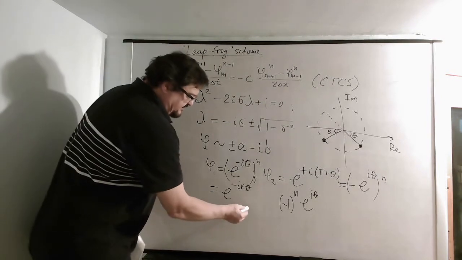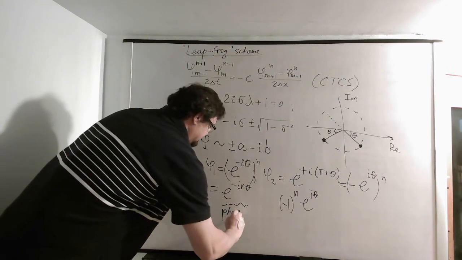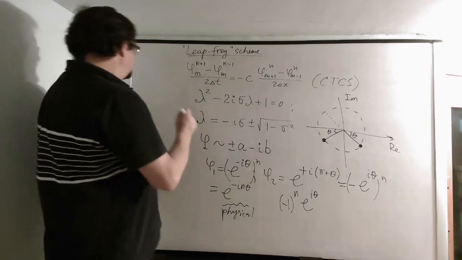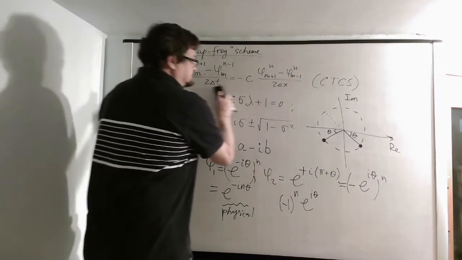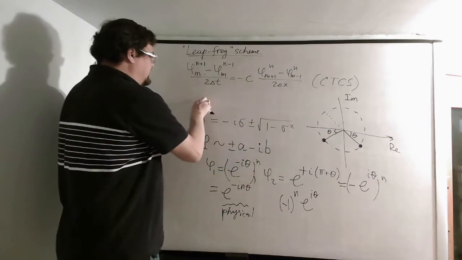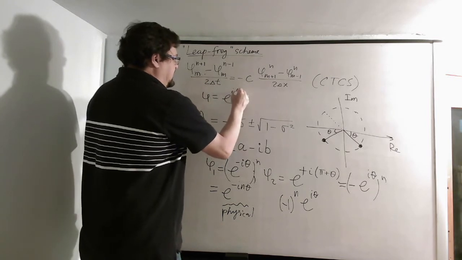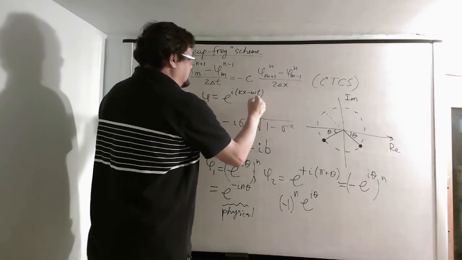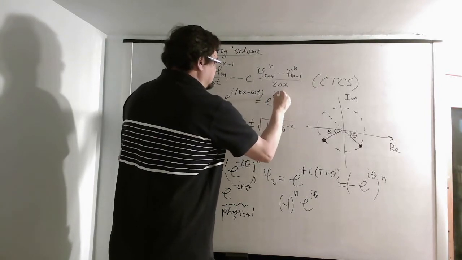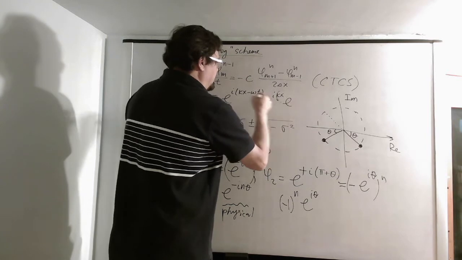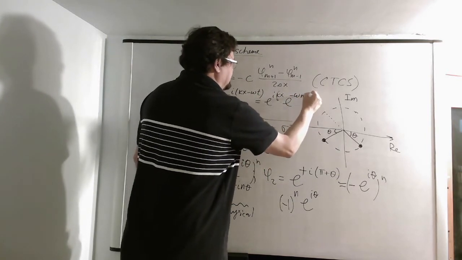So this represents your actual physical solution. Why? Because remember that our solution looks like e to the i (kx minus omega t), and it's equal to e to the i kx times e to the minus i omega n delta t.